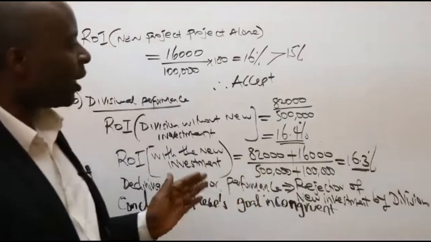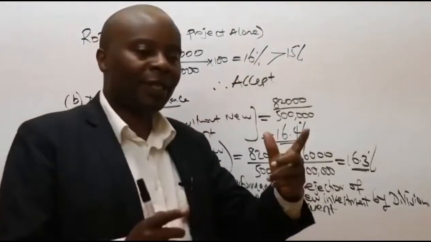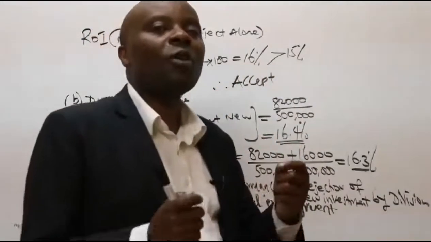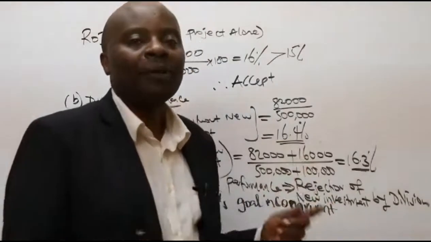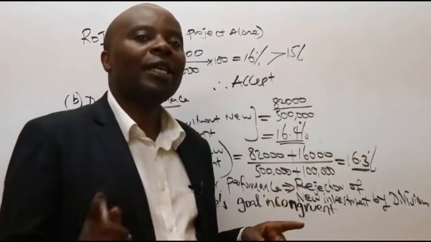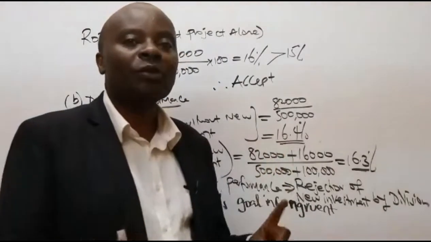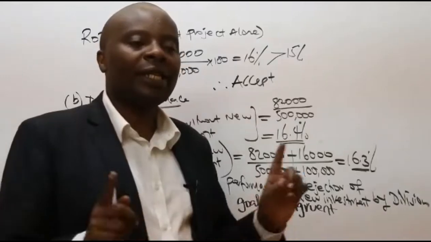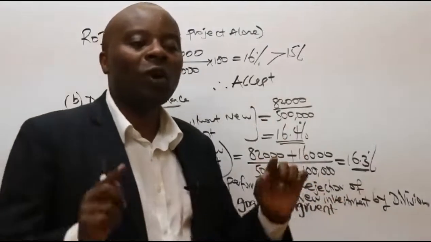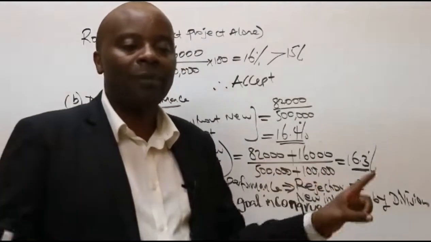Like now here, the whole company is saying, accept, for our profit as a whole company to grow. But the division in this case is saying, no, reject. So there is a disagreement in terms of goals, and a disagreement in terms of goals is what we call incongruence, not in agreement.